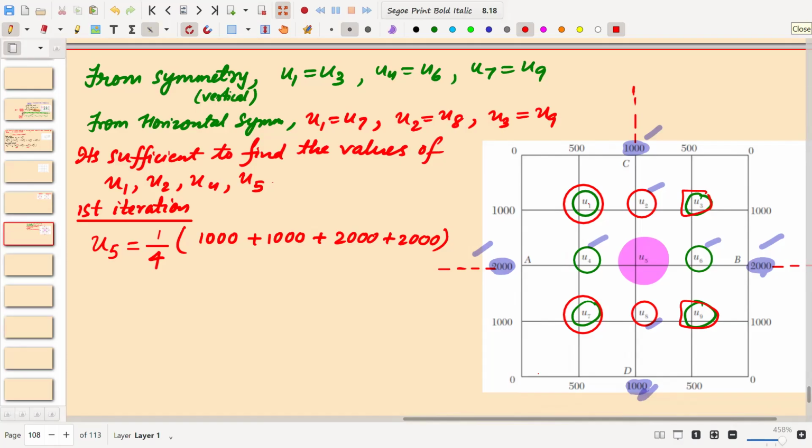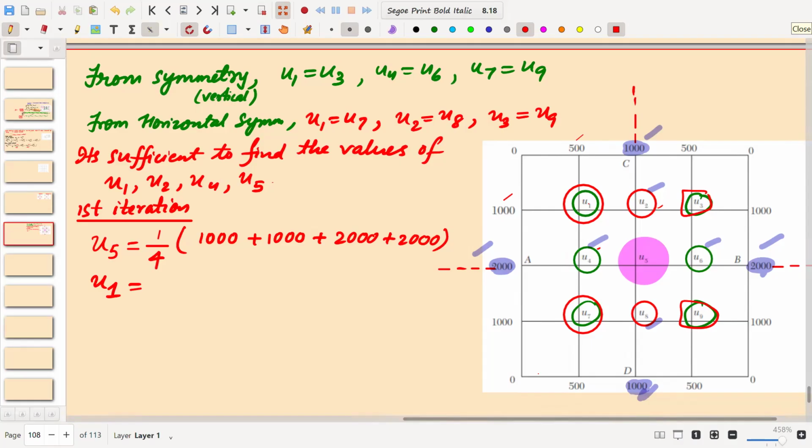Another value, can you find U1? To find U1, we cannot use standard 5-point because we know this value but we don't know this. So we can apply diagonal 5-point.